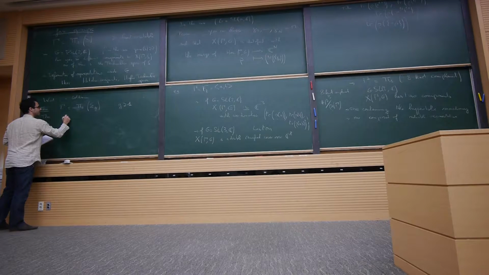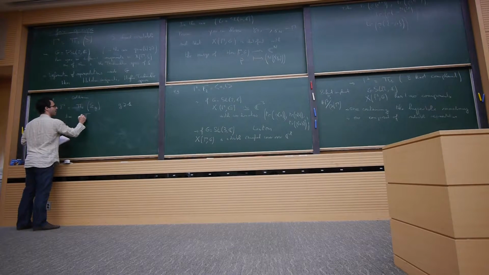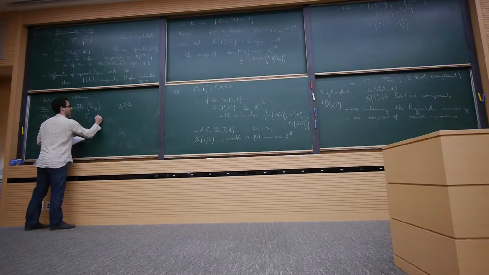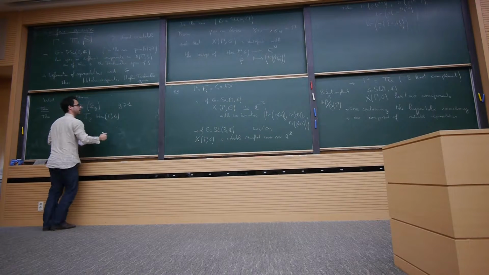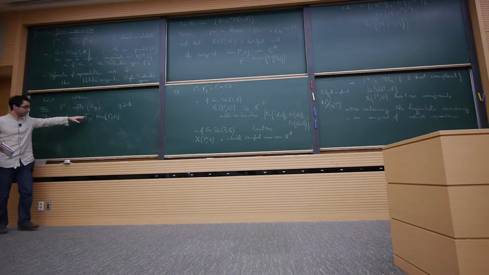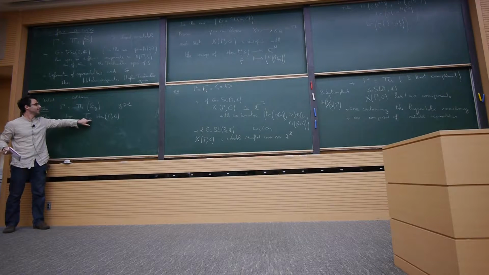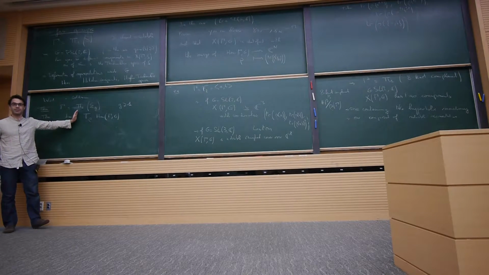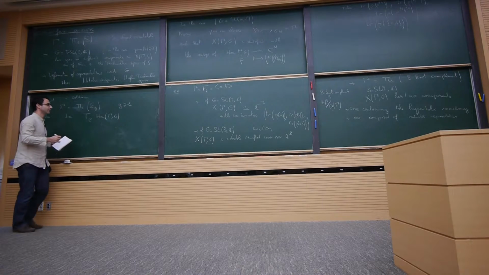Then the dimension of, well, let me write it: I have this affine algebraic variety, I take a point inside this variety, and now I take the Zariski tangent space, which is a complex vector space, and I want to know its dimension.